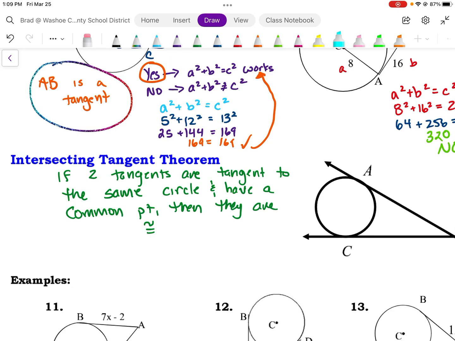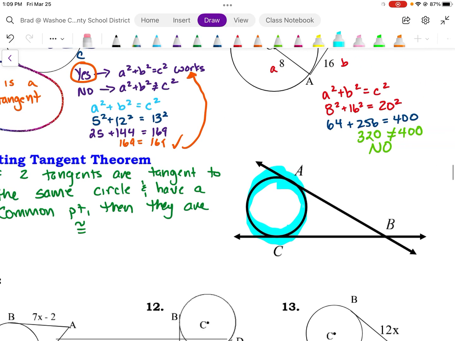So clearly this is going to be my same circle that both of those tangents are going to go to, and this is my common point. If that is the common point, then that means that this piece and this piece are the same.